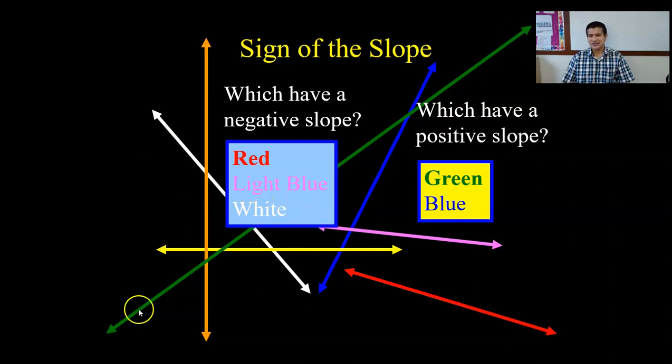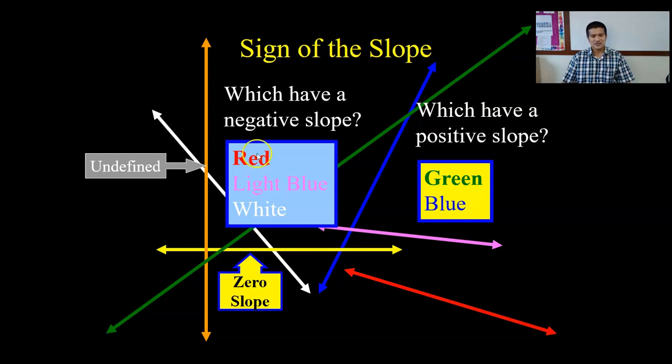Going from this side is positive, and going from quadrant 2 to quadrant 4 will give you a negative slope. Remember that this one is undefined, and this one is 0.